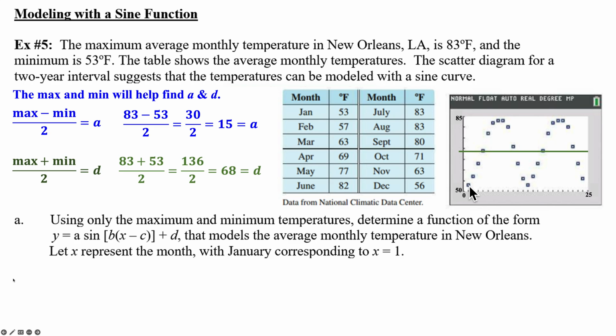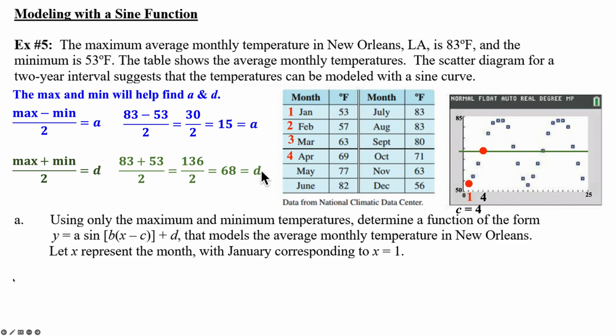This is when 1 is at 53. This is 2, 3. I am at point number 4. So with that being said, I have taken this point, which is supposed to be down at the origin, shifted it to the right 4, and up 68. So I just found my C value.